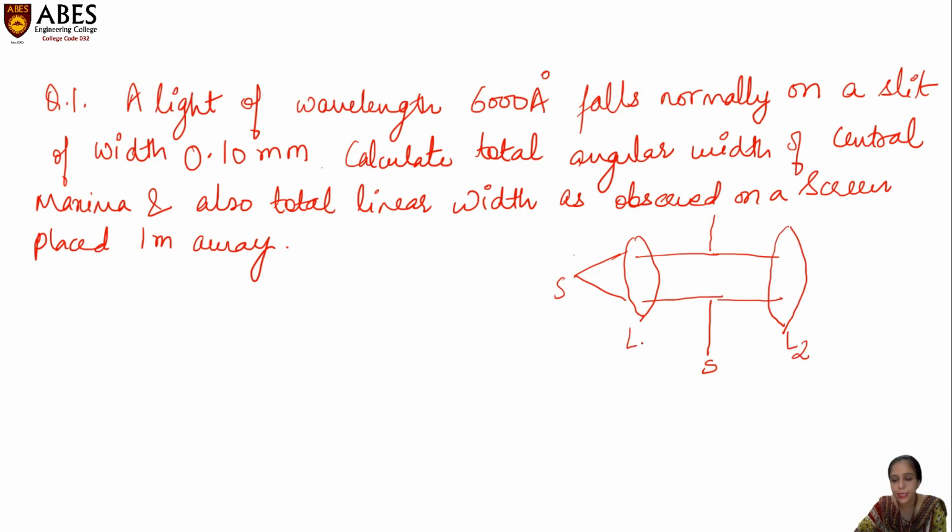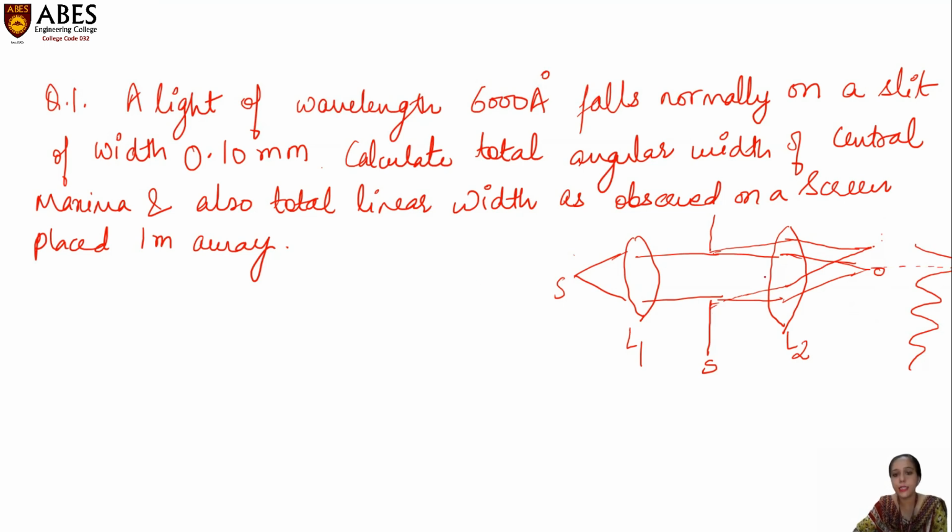This one will be lens L1, and here it is going to converge at some point O. The light is not diffracted here. From where will the light be diffracted? From the corners of the slit, like this. And the continuous diffraction pattern we are going to observe here. Because of this, we get patterns like this. The intensity is going to decrease on either side of this point O.